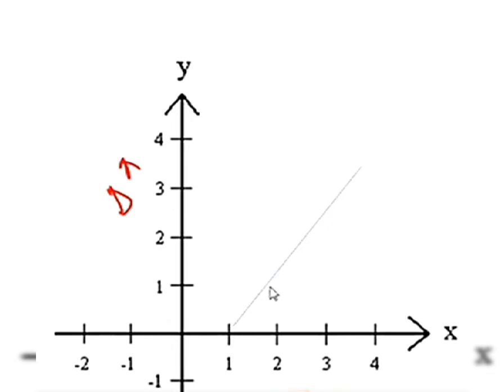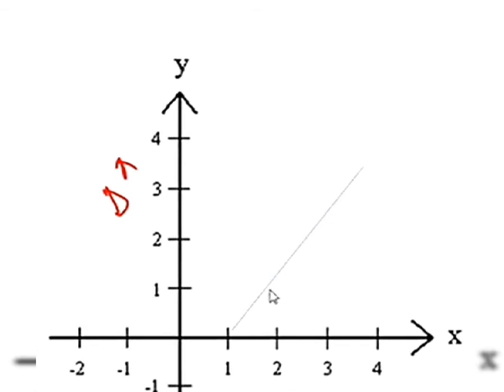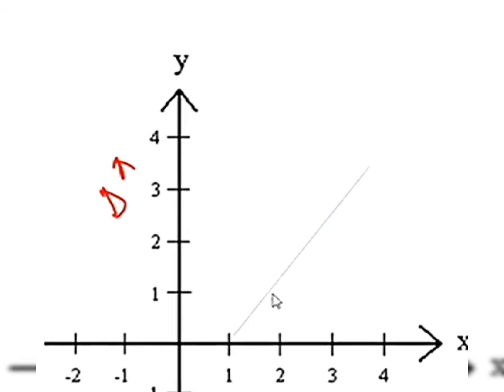Time is 3 hours, distance covered is 2 kilometers, and so on. Here also distance is increasing with time. What does this show? This line starts from 1. This is showing a uniform motion because distance increases with time. Okay, but this line starts from 1, not from the origin.